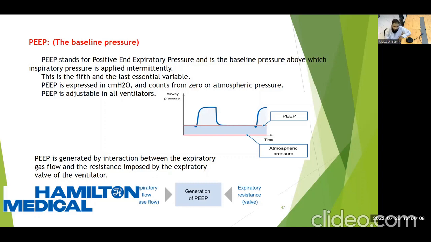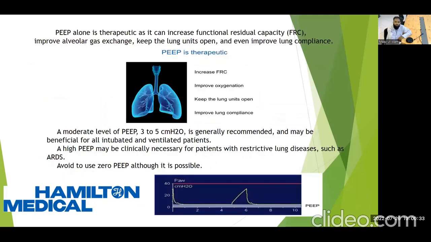The SI unit of PEEP is cmH2O, and it counts from 0 or atmospheric pressure. PEEP is adjustable in all ventilators. PEEP is generated by interaction between the expiratory gas flow and the resistance imposed by the expiratory valve of the ventilator.